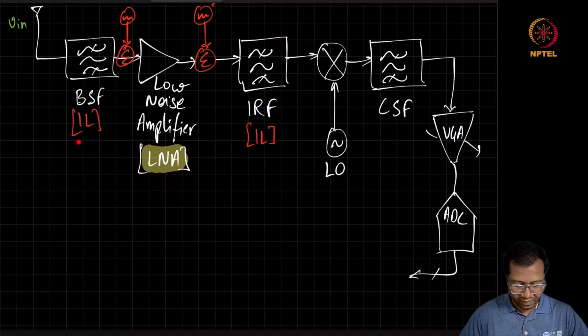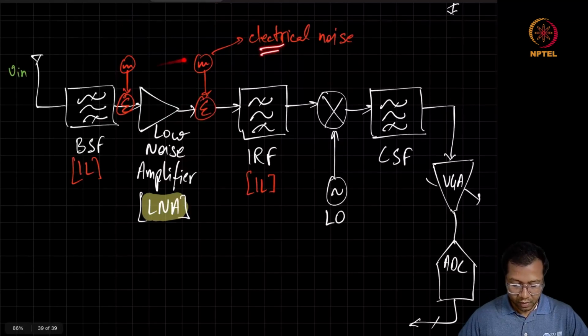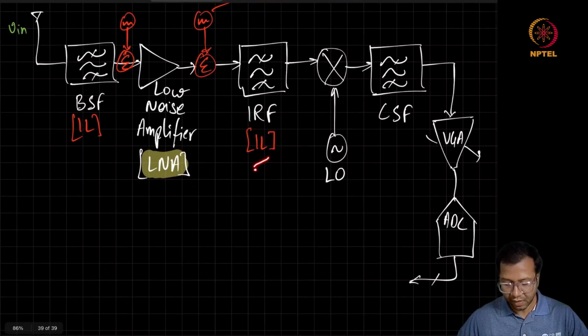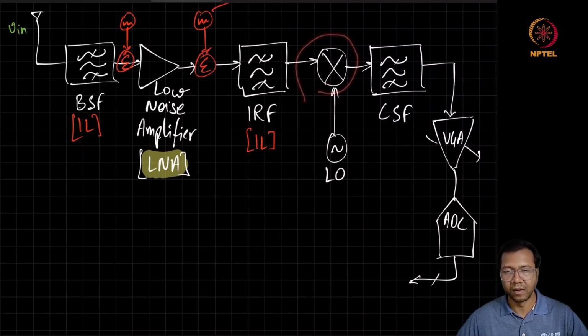With the help of the band select filter, we are able to get rid of out-of-band interferers. Then a low noise amplifier has been added so as to reduce the impact of electrical noise on the overall signal quality. After that, we have added an image reject filter so that it can minimize the effect of the image once frequency down conversion is implemented with the help of this mixer.